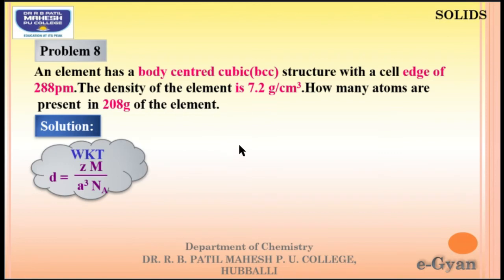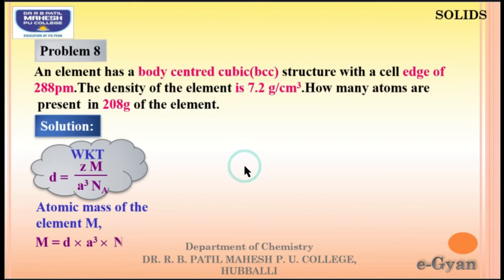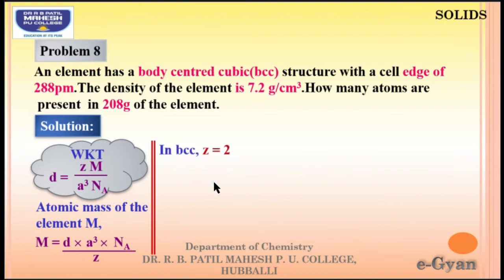We know that the density formula is Z into M divided by A cube into Na. Atomic mass of the element is M. So M is equal to D into A cube into Na divided by Z. Just I have rearranged this one. So substitute: in BCC, Z is equal to 2.